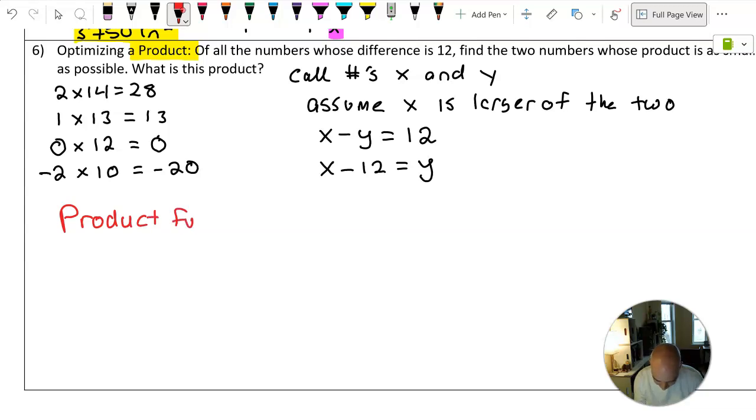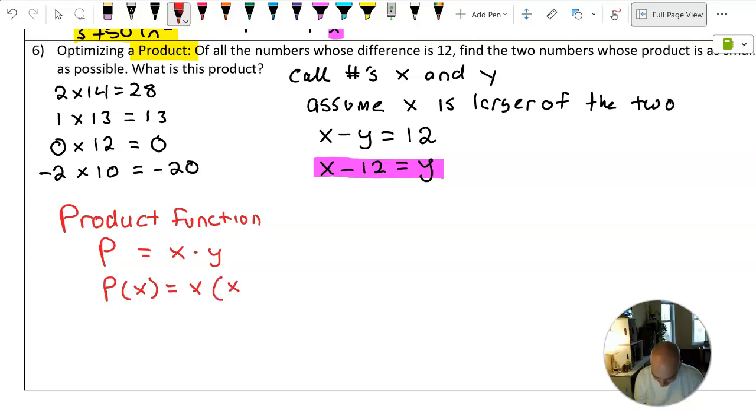We'll say P is going to be x times y. But we already know that y is x minus 12. So we could write the product function of x as x times x minus 12. Hey, that's x squared minus 12x.